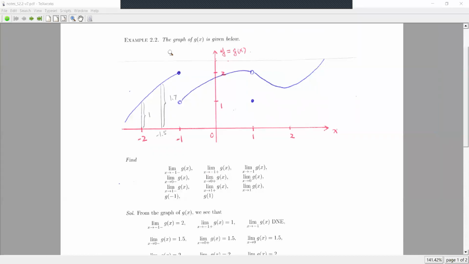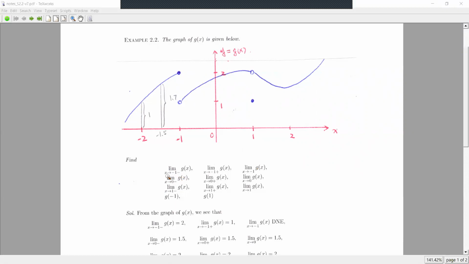Example 2. The graph of function g is given below. The blue curve is the graph of the function. Now, based on the graph, answer these questions. The first question is the left-hand side limit at the point -1.